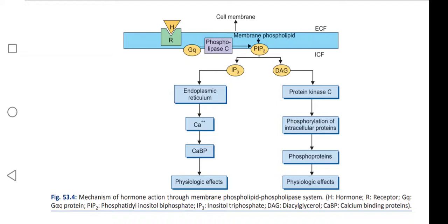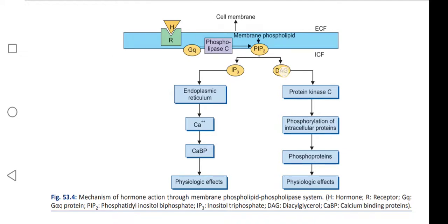PIP2 has two systems, that is IP3 and DAG. In the IP3 system, it reacts with the endoplasmic reticulum. It causes the release of calcium, and the released calcium binds with the calcium binding protein, that is calmodulin. This causes the physiological effects in our body.